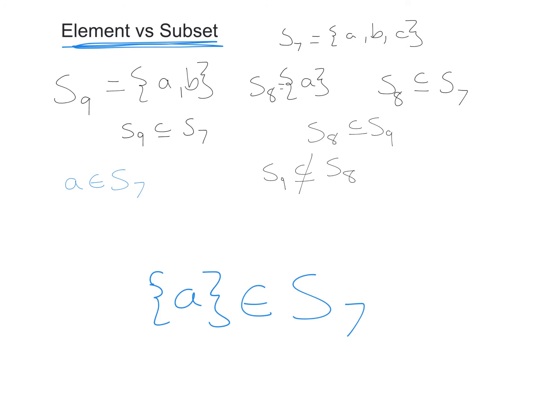No, there is not. So the set containing A is not an element of S7. Having said that, we know that the set A is indeed a subset of S7, right? Because now we've got a set on the left, a set on the right, and everything that's in here is also in here.